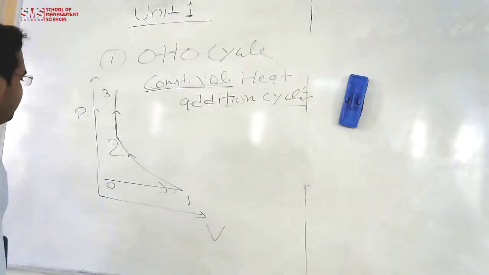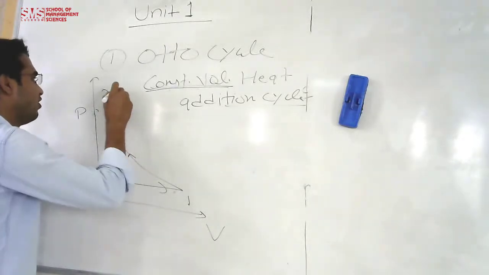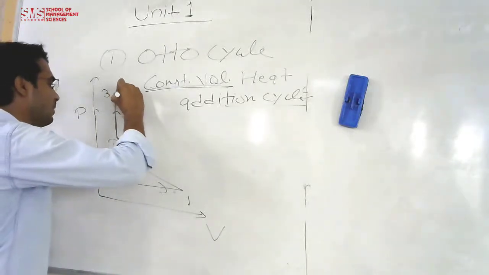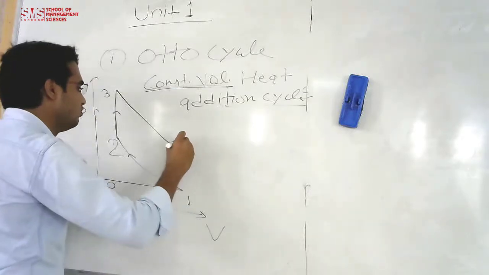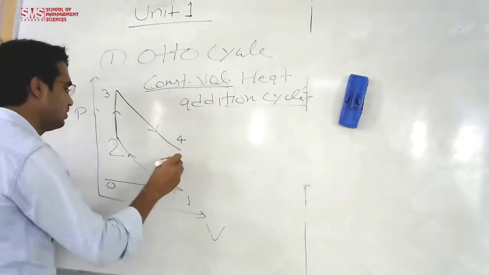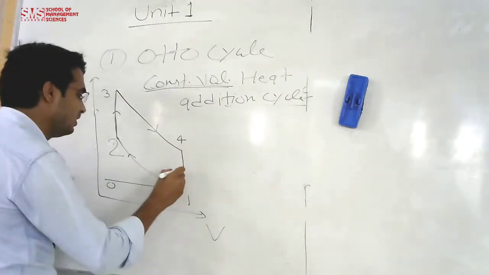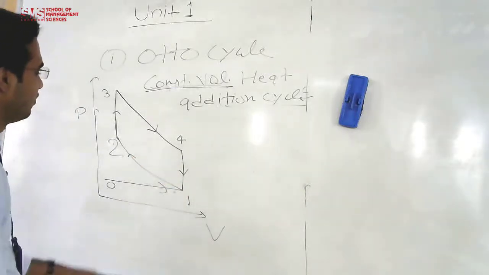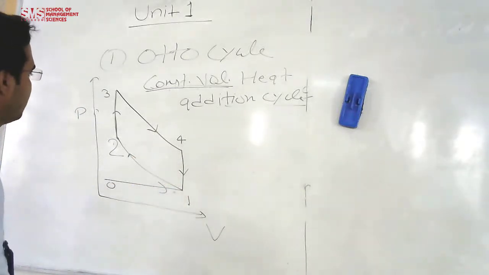When heat is added at constant volume, now comes the expansion process, 3 to 4 is expansion process. 4 to 1 is heat rejection process.